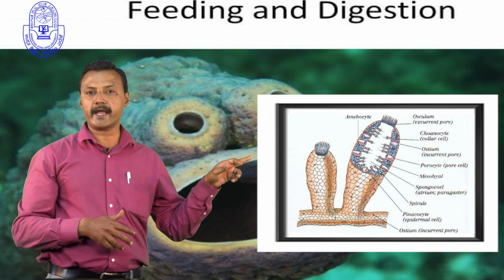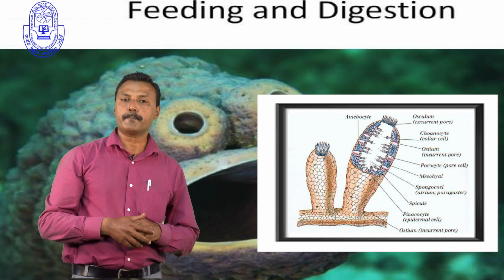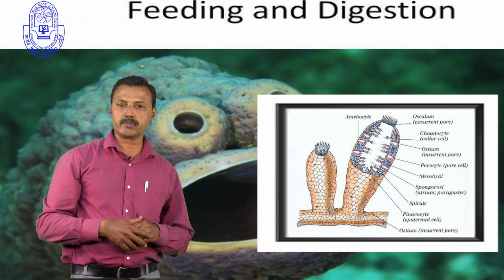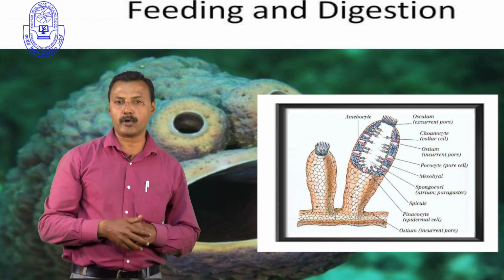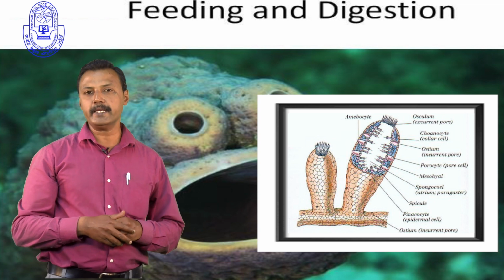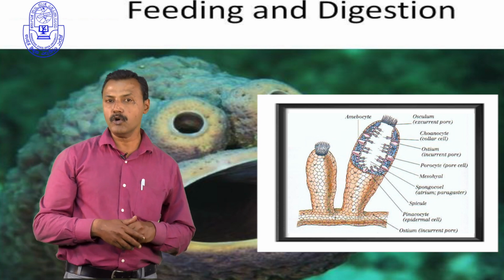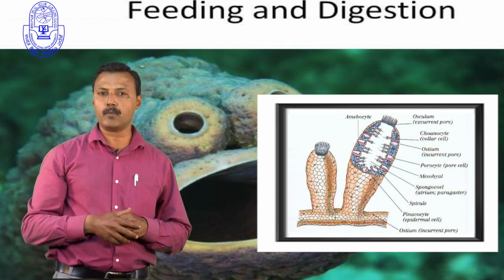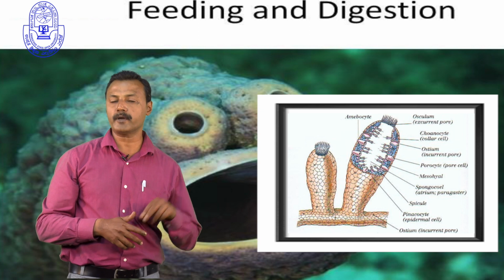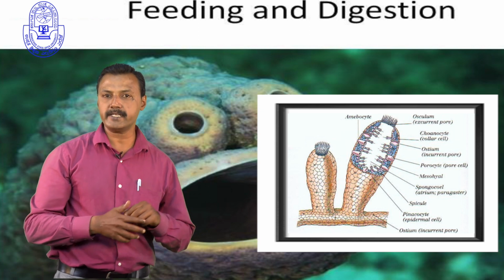These amoebocytes engulf large particles which are transported from one place to another for the process of digestion. Experimentally it was done in the laboratories that when charcoal powder is added into the water, some of the charcoal particles move from the choanocytes to the amoebocytes region.